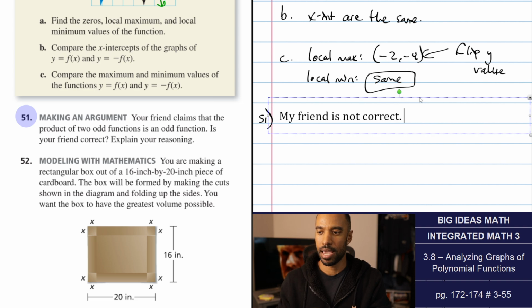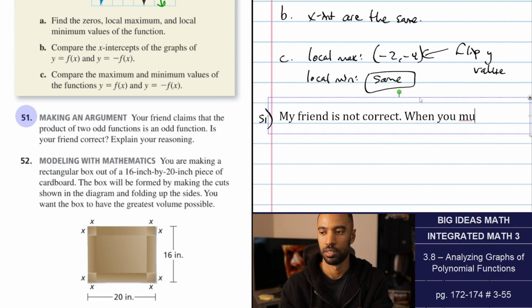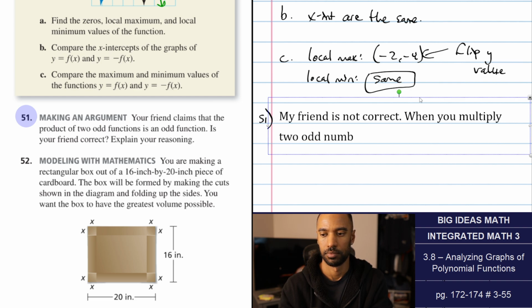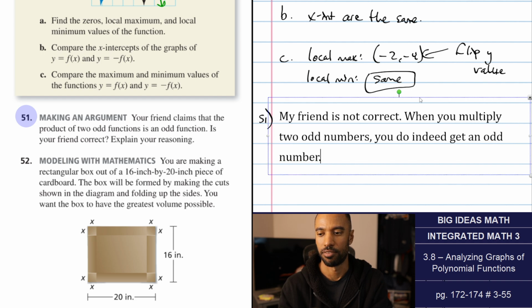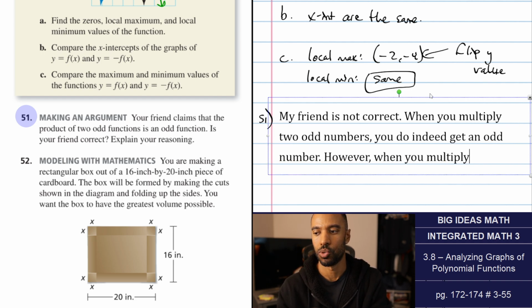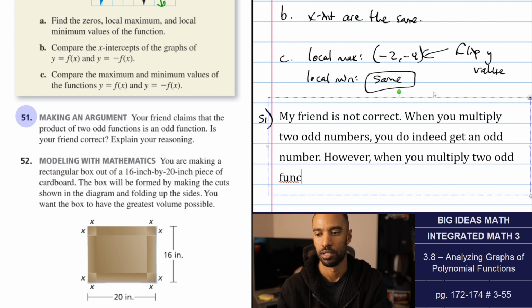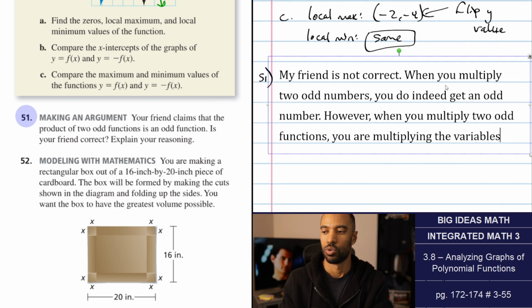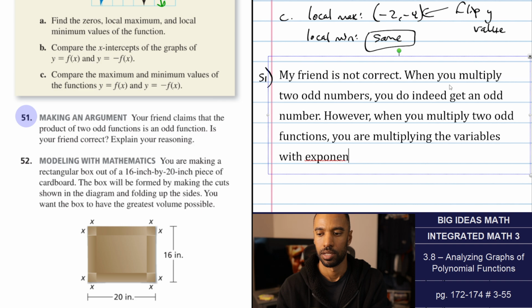When you multiply two odd numbers, you do indeed get an odd number. However, when you multiply two odd functions, you are multiplying variables with exponents that ultimately add together.